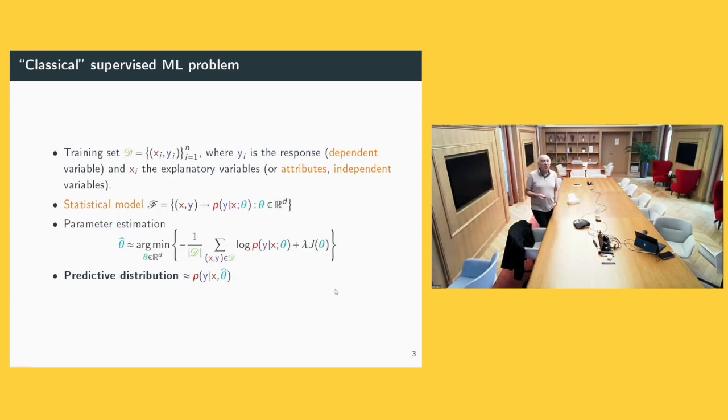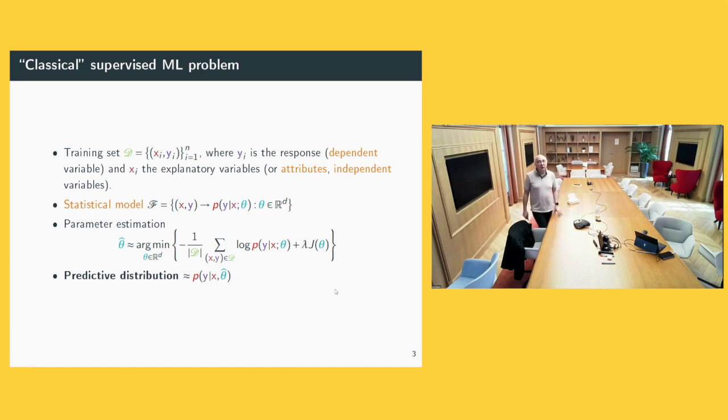Okay, what is a classical supervised machine learning problem? You start with a train set of observations. In many examples I will take a supervised classification task. You have a response, yi, also called the dependent variable, which takes typically values in a discrete set in the case of classification, or a continuous state in a prediction problem.